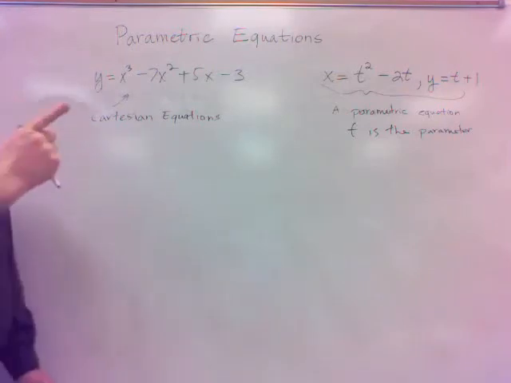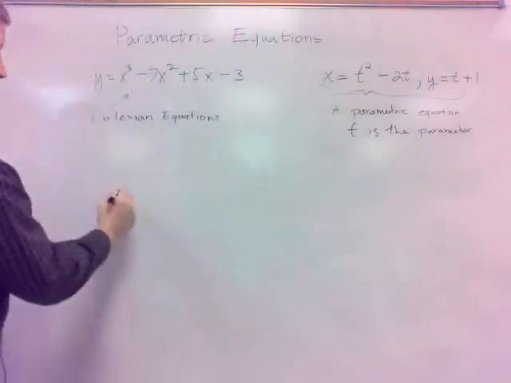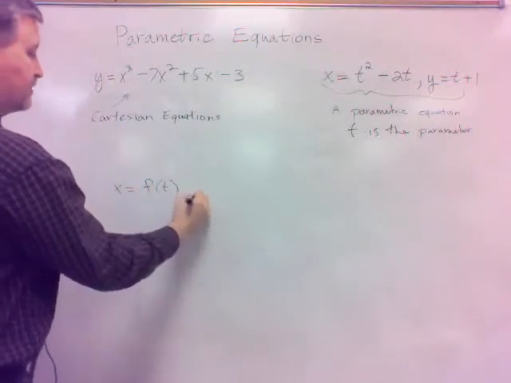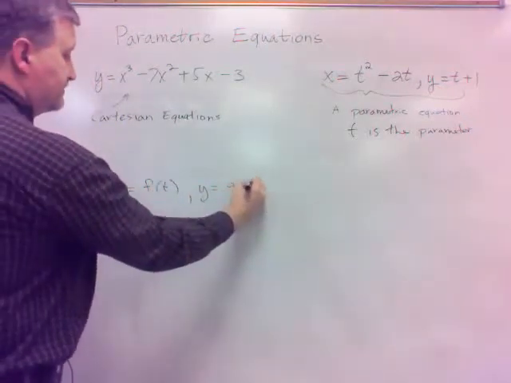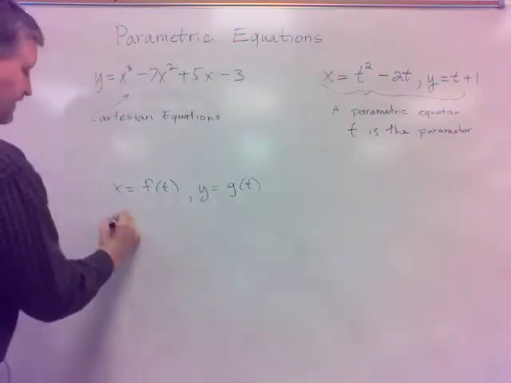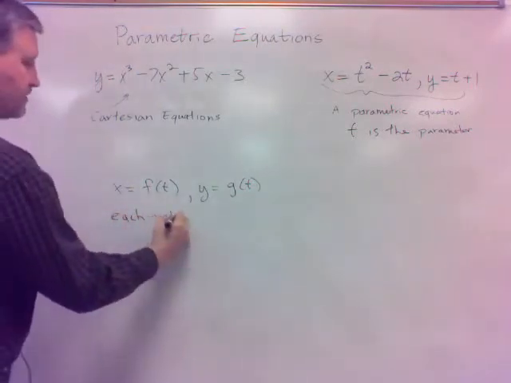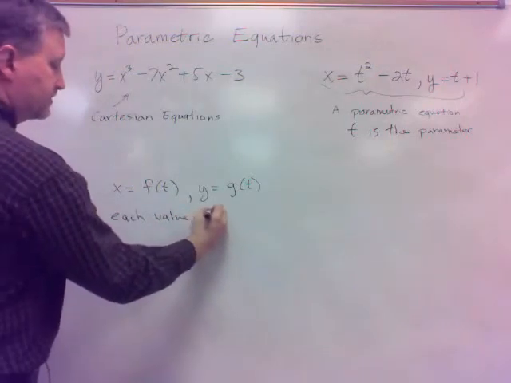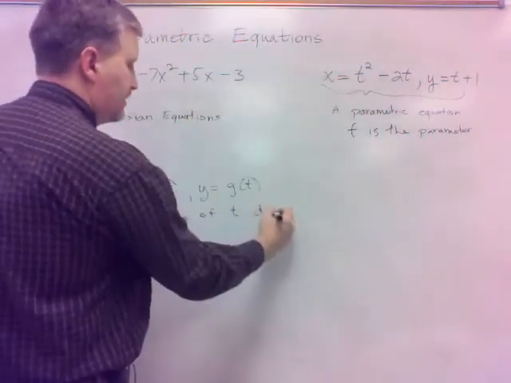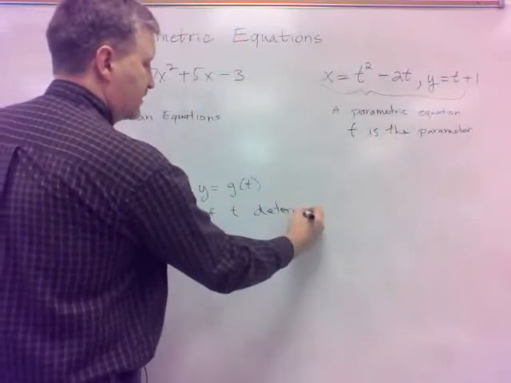But the key thing here is, if I have a parametric equation where x equals some function of t and y equals some function of t, each value of t determines a point x, y, just like we've got an x, y point here. Same thing with the parametric equations.